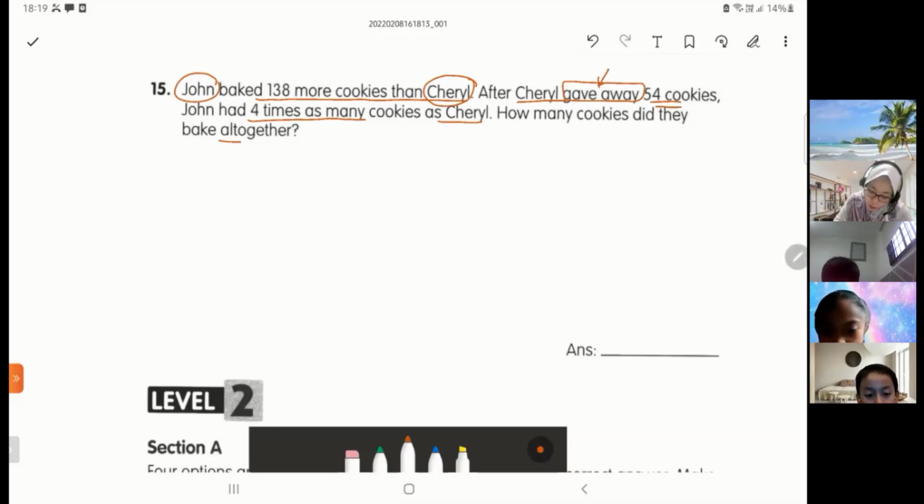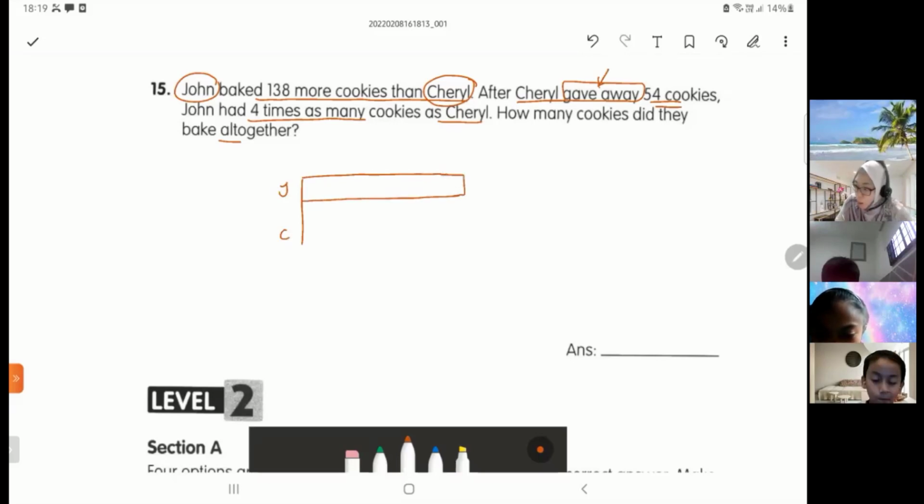Let's draw. John and Cheryl. John has more, right? So John has more than Cheryl. Let's say about here. As compared to Cheryl, let's say Cheryl is here. So how many more does John have than Cheryl? Okay, let me just make it a bit longer.